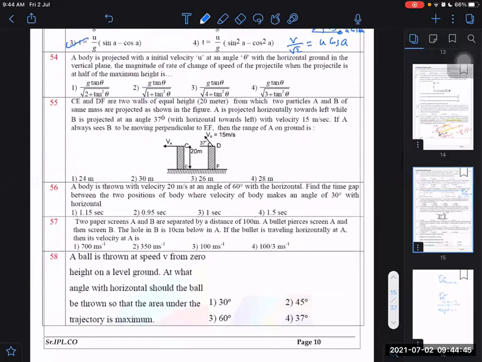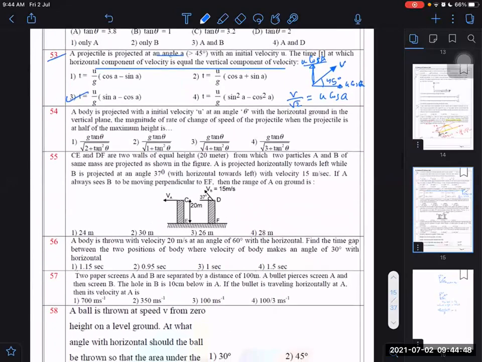Question number 54. Magnitude of the rate of change of speed of the projectile when the projectile is at half of the maximum height.